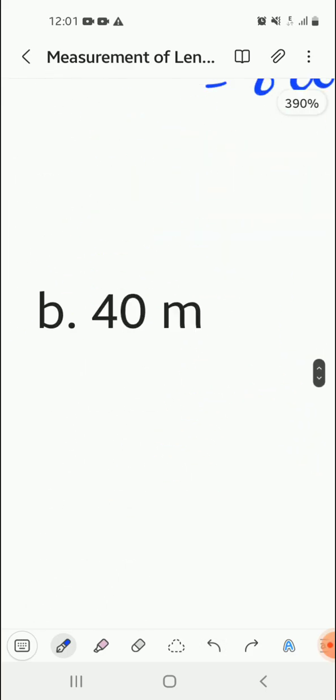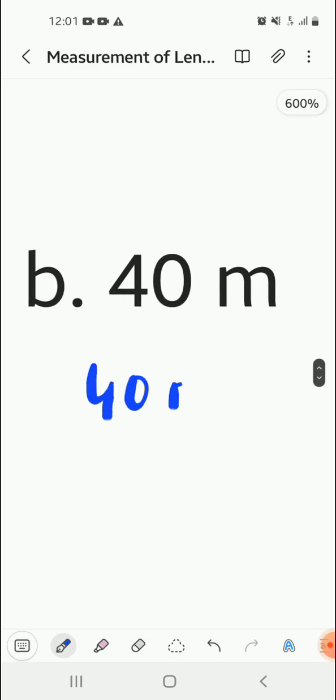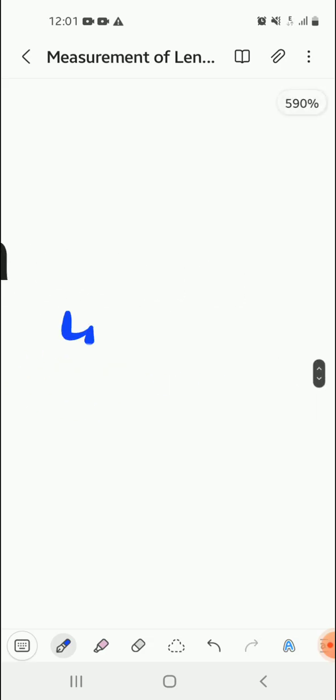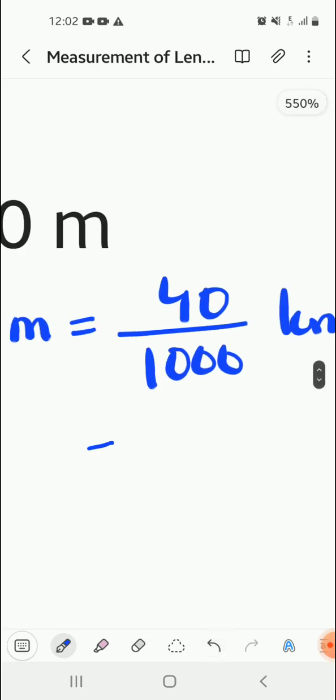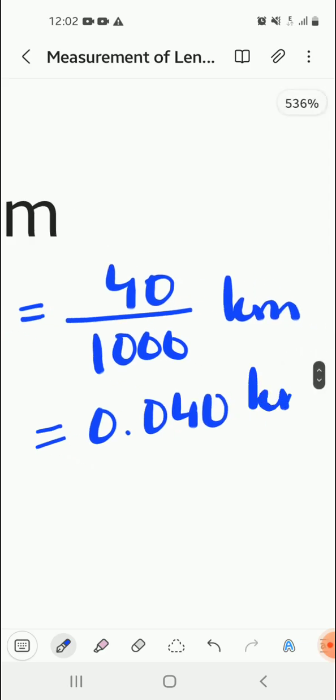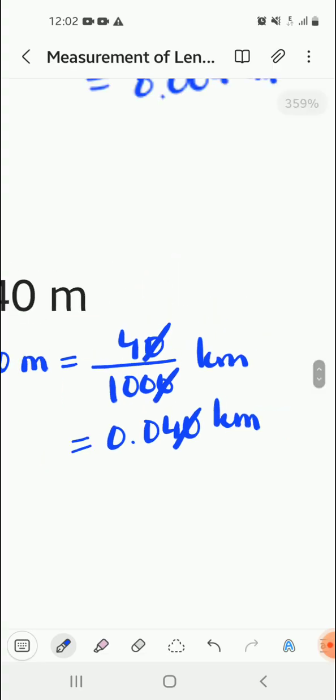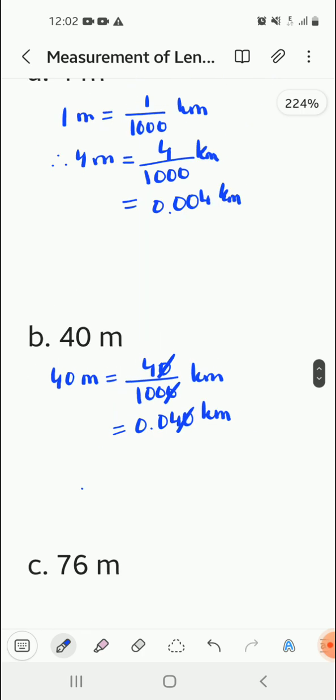So simply 40 meter is equal to 40 by 1000 kilometer, which is 0.040 kilometer. You may also cancel this out and only write 0.04 kilometer. It's the same thing, no difference.